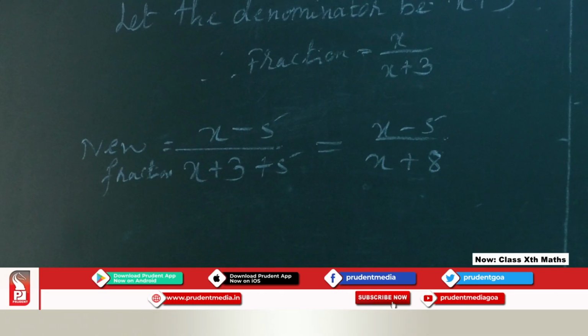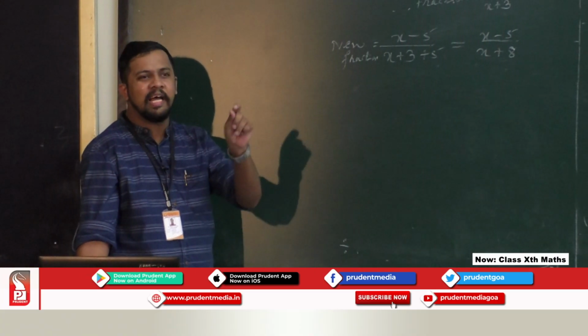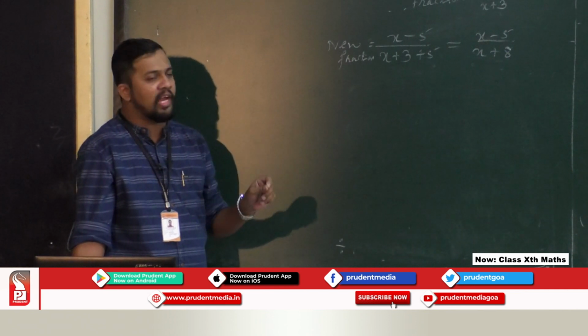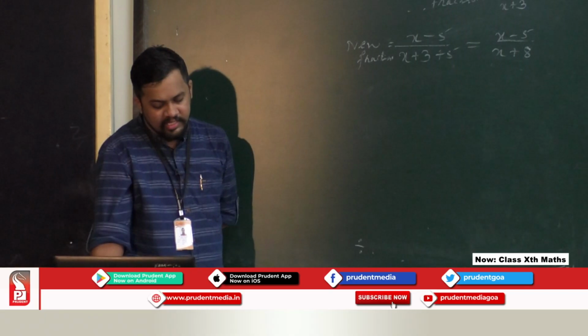Now what is the question saying? If 5 is added to the denominator and 5 is subtracted from the numerator, then the fraction is decreased. Decrease means what sign? Again negative sign. See, these are the hints, these are the clues which tell you what sign to put. So decreased by how much? 17 by 30.